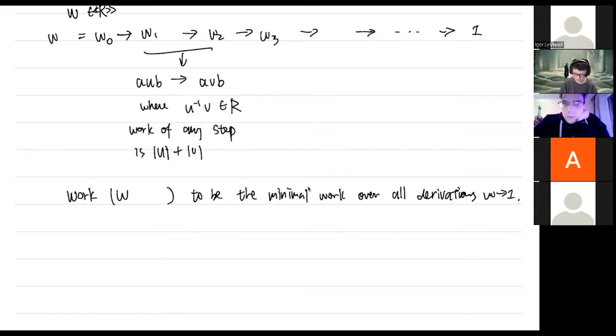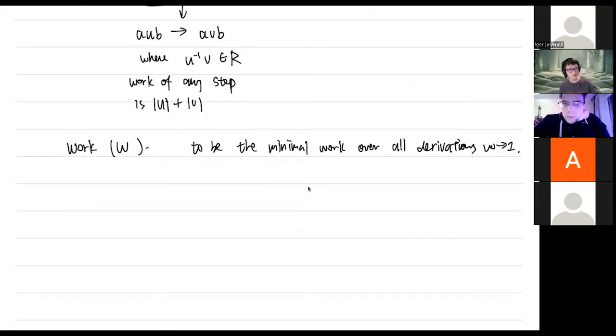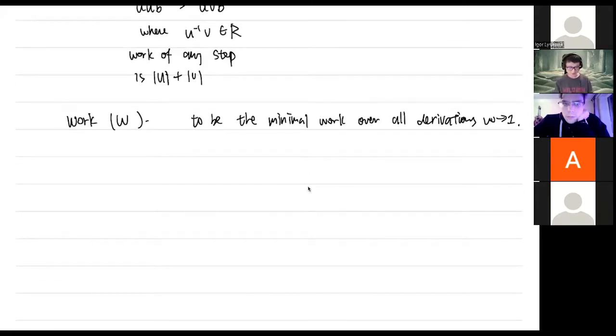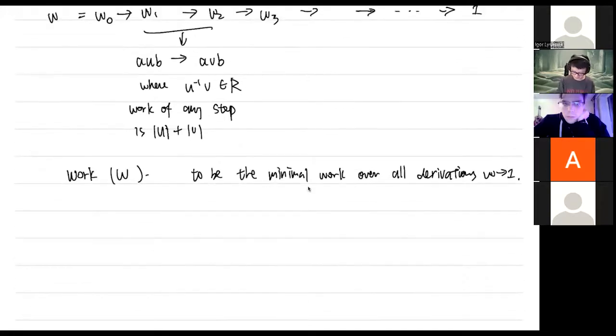Or maybe we just call it the work of W. And the derivation work function is obviously the sum of the work of W_{i-1} to W_i.